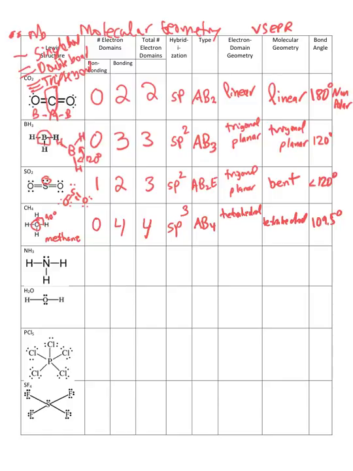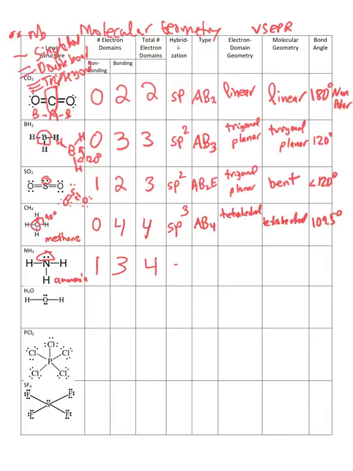The next Lewis structure is one of the compounds called ammonia. We count up the number of electron domains. There's a non-bonding pair. Then there are 3 single bonds, each worth a single electron domain. So we've got 4 electron domains.